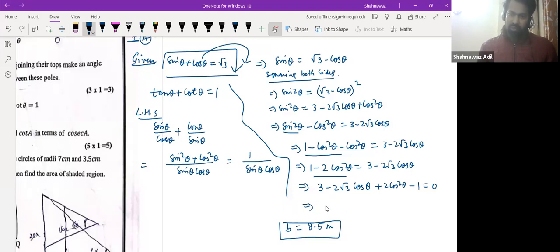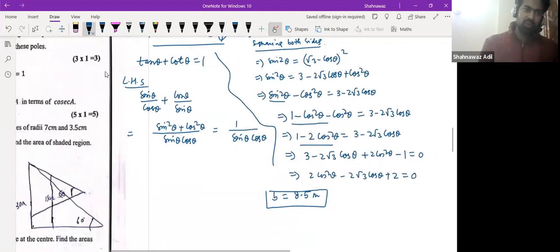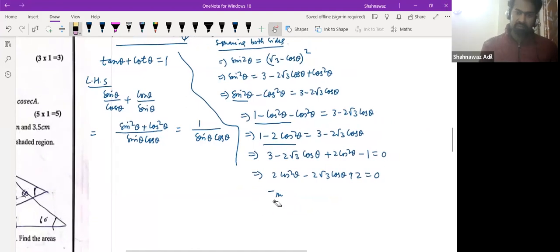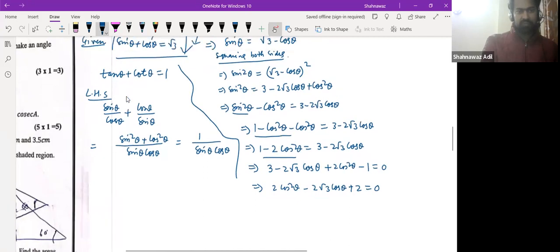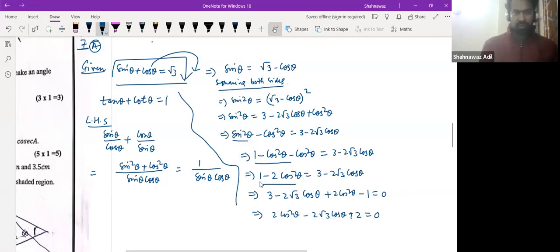So this would be 2 cos square theta minus 2 root 3 cos theta plus 2 equal to 0. So what is this equation? It's a quadratic equation.